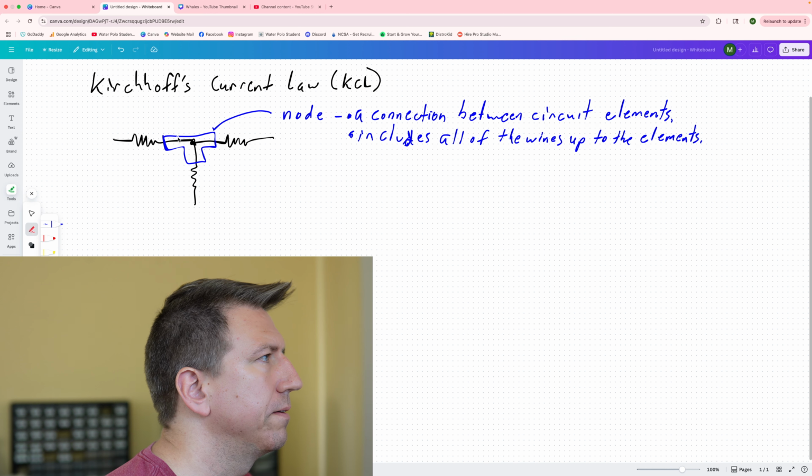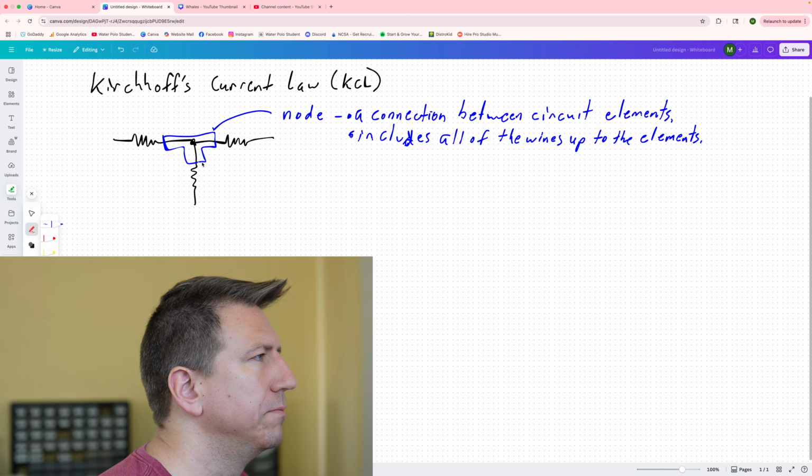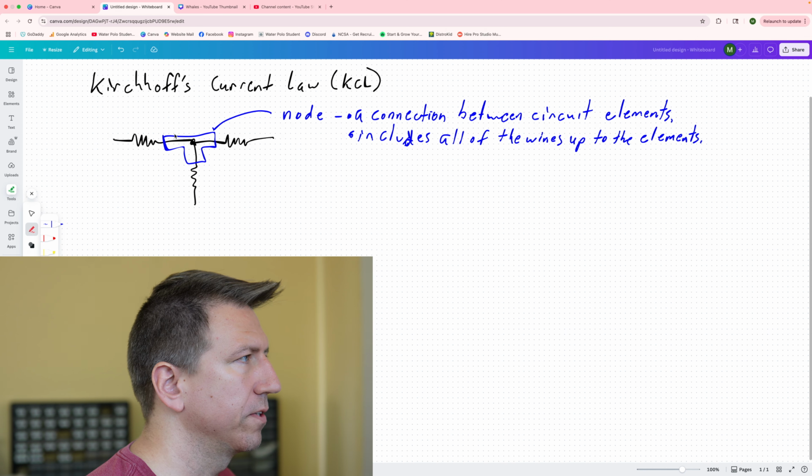So we can see here that when I boxed this node, I moved it all the way up to this bottom resistor, this right resistor, and this left resistor. So that whole thing is what we would call the node.